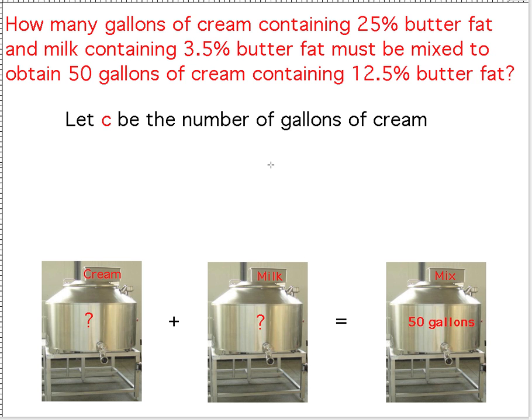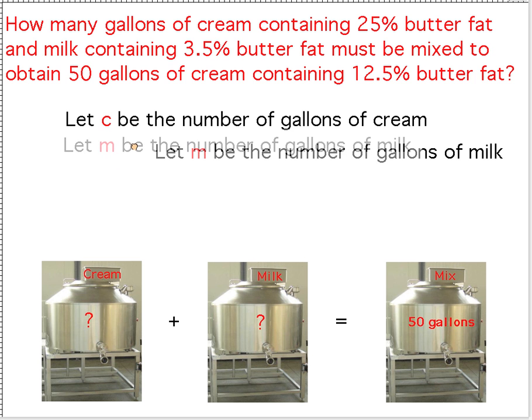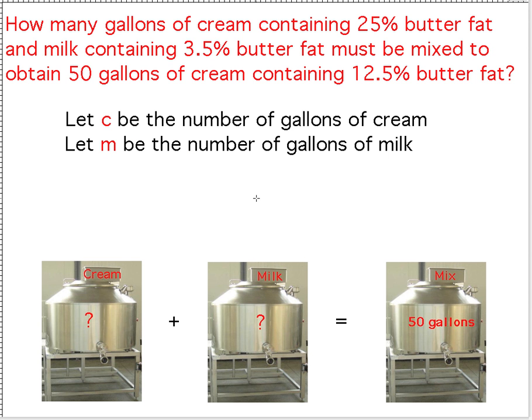It makes more sense to me, and it simplifies the problem if your variables match up with what they're describing. They are descriptors. And so I'm not going to use X or Y or Z. I'll let C be the gallons of cream. And how about I let M be the gallons of milk? That makes good sense. It's adding one less piece of complexity to keep your descriptors descriptive.